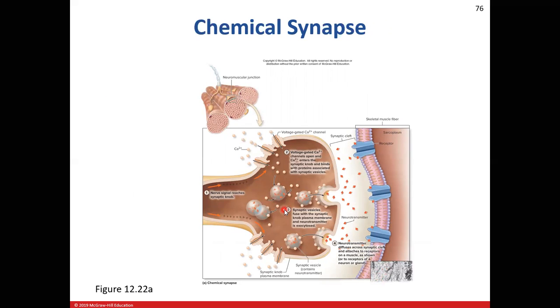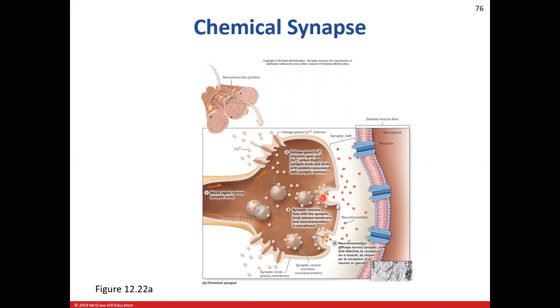So here we have our chemical synapse utilizing the chemical, or the neurotransmitter. Again, here we have our nerve signal, or the action potential, that comes down and stimulates voltage-gated calcium channels. It allows calcium to then flood into the cell. It binds to the proteins on the vesicles, which cause the vesicles to move toward the surface of the synaptic bulb.